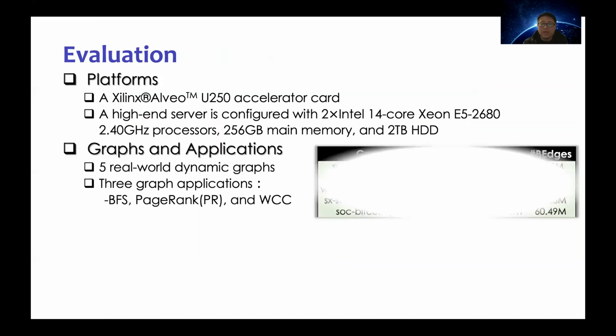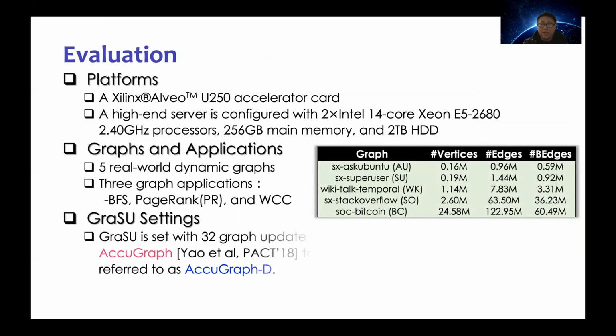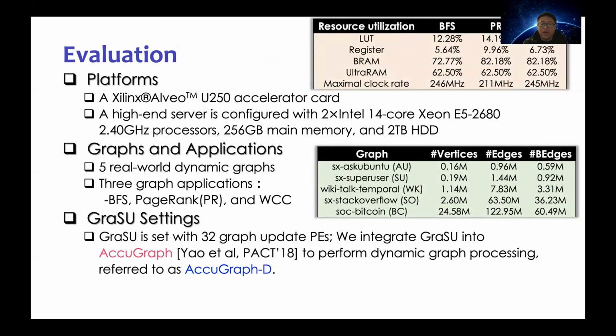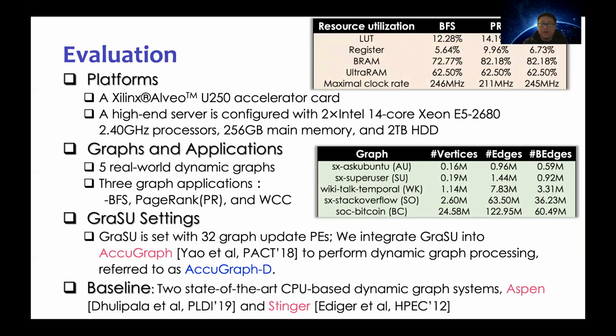To evaluate our work, we integrate GraSU into AccuGraph to perform dynamic graph processing, referred to as AccuGraph-D, running on a Xilinx U250. We choose Aspen and Qinggang as baselines and run them on a high-end server.